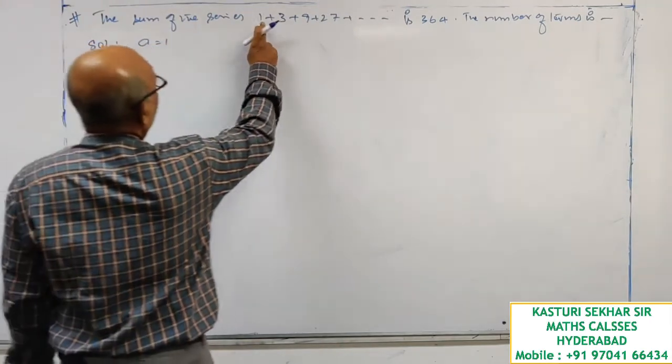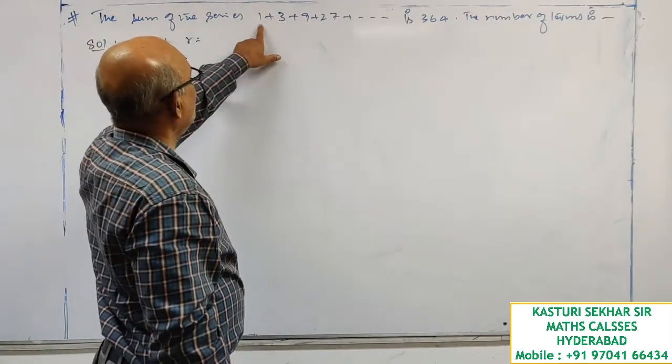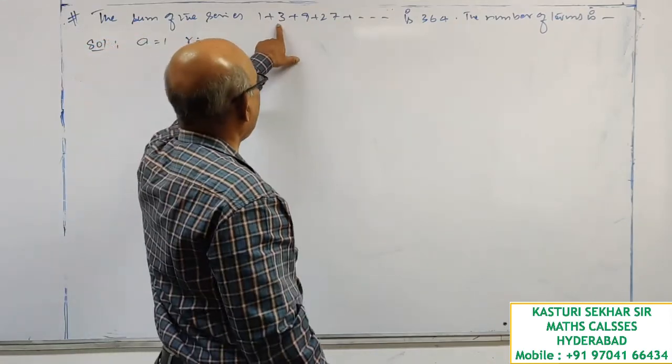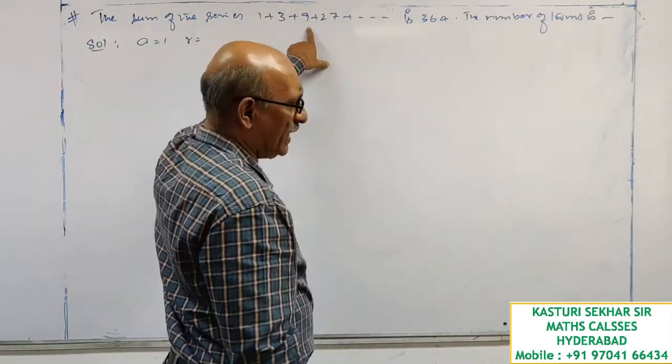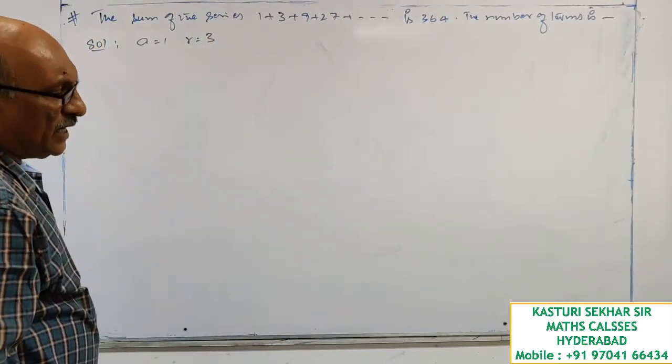A is equal to 1, the first term. Common ratio, second term divided by first term, 3 by 1, 3; 9 by 3, 3; 27 by 9, 3. Common ratio is same, it is 3.